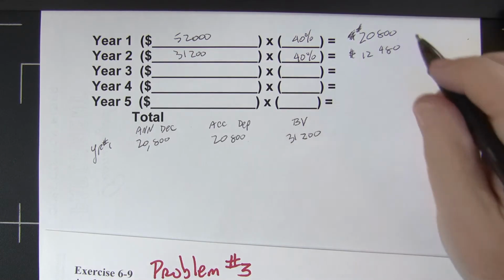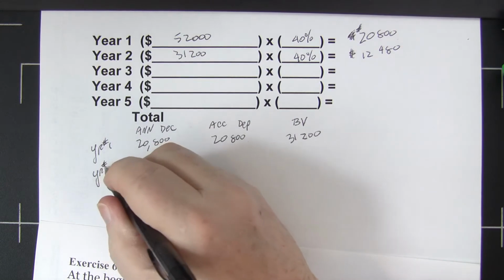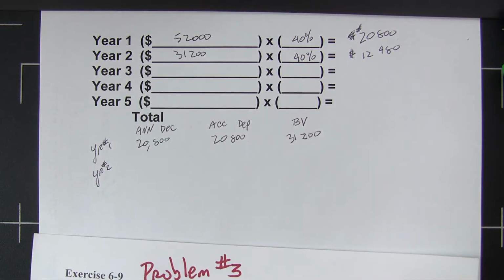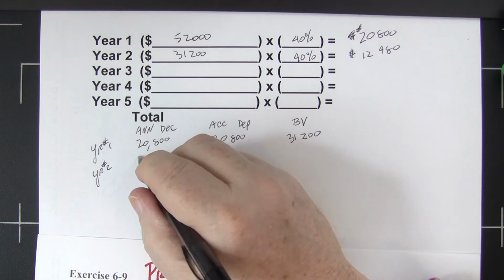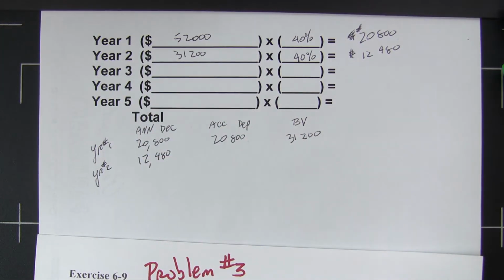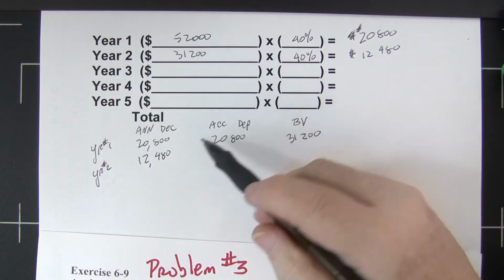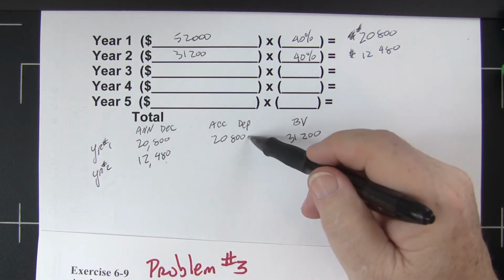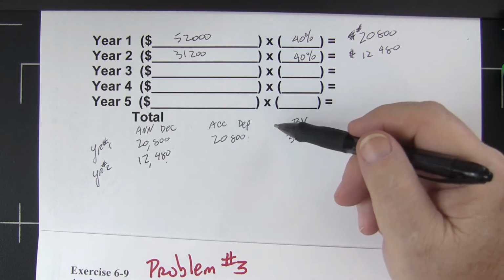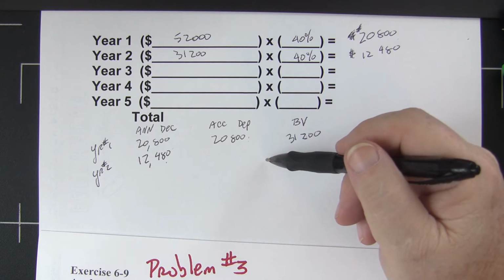$12,480. So year 2, my annual depreciation is $12,480. My accumulated depreciation is $12,480 plus what I had. Accumulated depreciation is all of the depreciation I have accumulated.